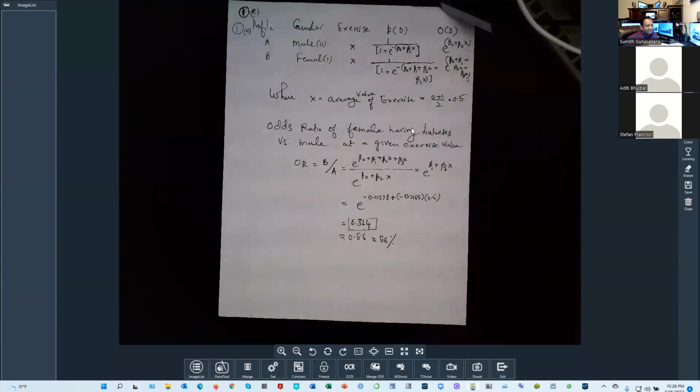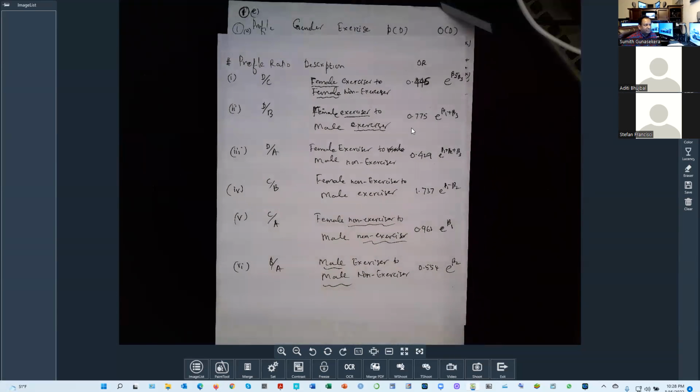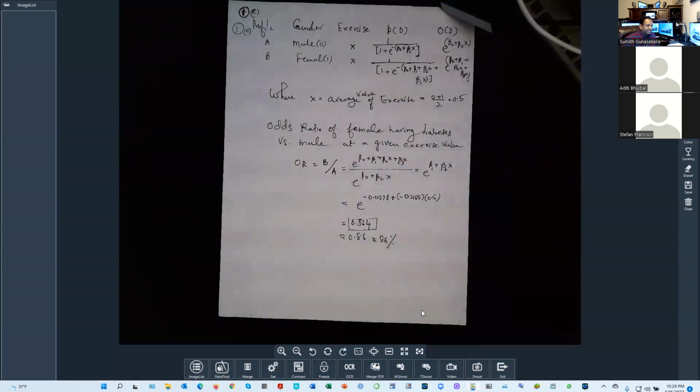So this one says that if you are an exerciser or non-exerciser, what's the odds ratio between male to female? Exerciser, female to male, 0.7 or 0.8. Then non-exerciser, female to male, 0.9, not almost 1. See, they were going to straddle the number that we have over here.